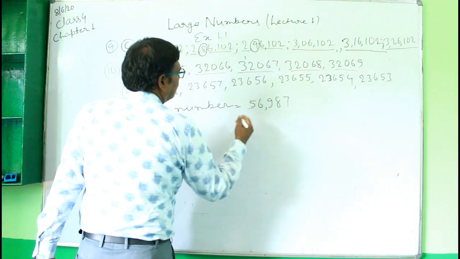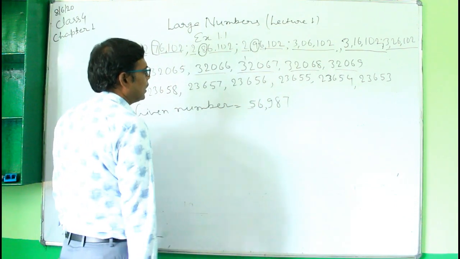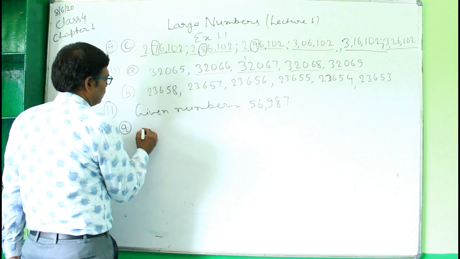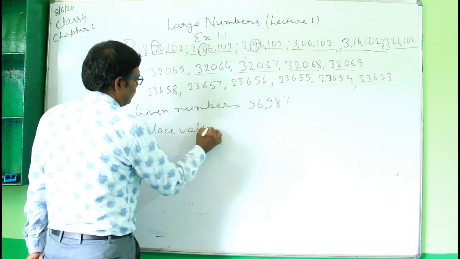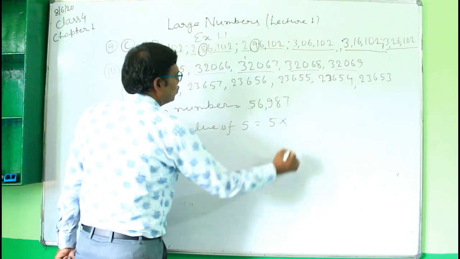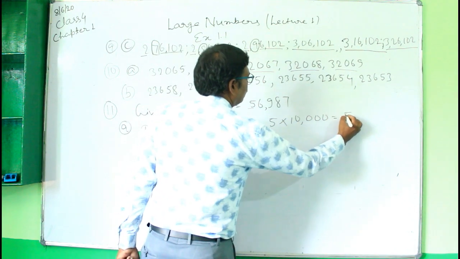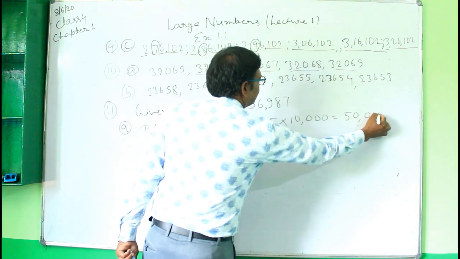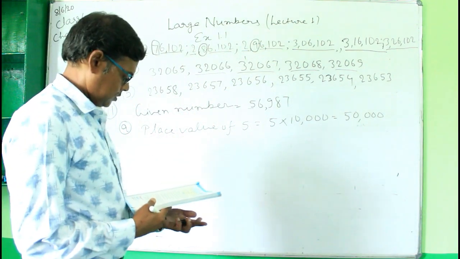Now see here, 5 is at the 10,000th place. So the place value of 5 equals 5 into 10,000, equal to 50,000. This is the place value of 5 in this number.